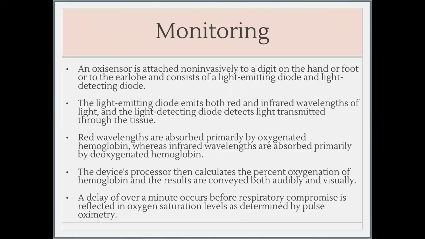The light emitting diode emits both infrared and red wavelengths of light, and the light is transmitted through the tissue. The red wavelengths are absorbed primarily by the oxygenated hemoglobin, whereas the infrared wavelengths are absorbed by the deoxygenated hemoglobin. The device calculates the percentage of oxygenation of hemoglobin, and the results are conveyed both audibly and visually.